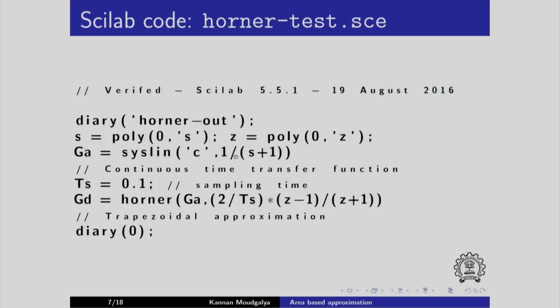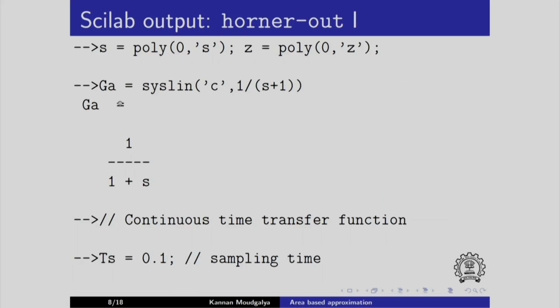I define this transfer function 1 over s plus 1 as a continuous transfer function. Then Ts, the sampling time is 0.1, and I invoke the inbuilt Scilab function called horner. The transfer function GA is given here. Here is the approximation rule. When I do this, I get the result.